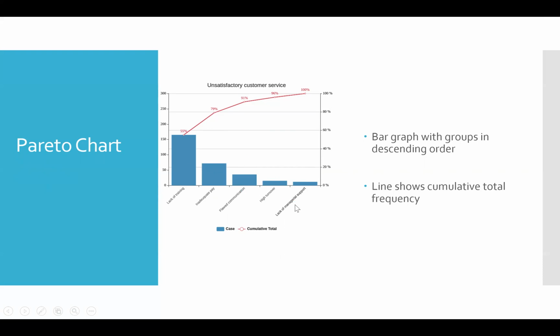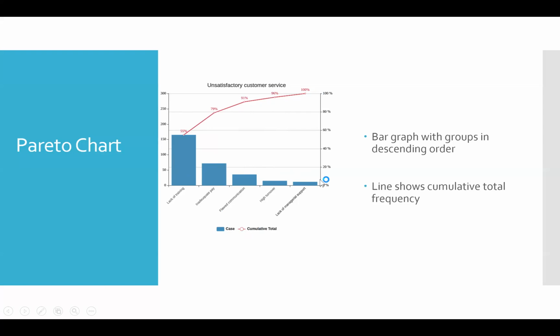Why are you getting that kind of service? The blue bar itself represents that individual case, but then this line shows us, if you add all of those together, how it ultimately gets to 100%. So the line shows the cumulative, but again, the bars show each category, in descending order.